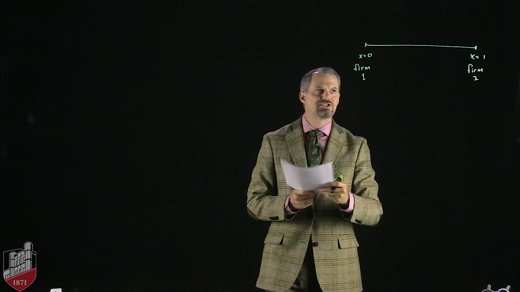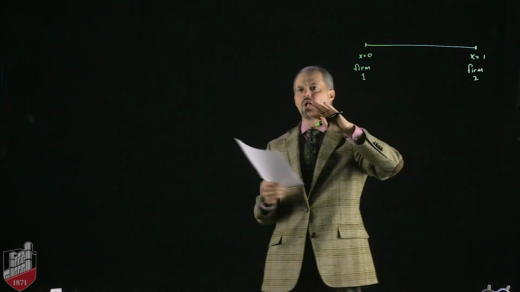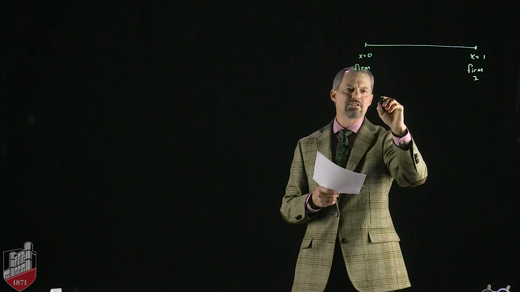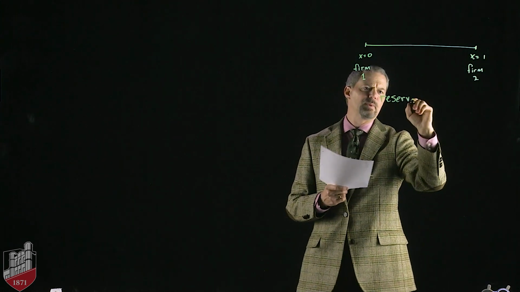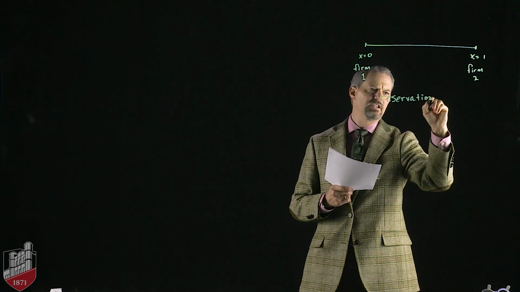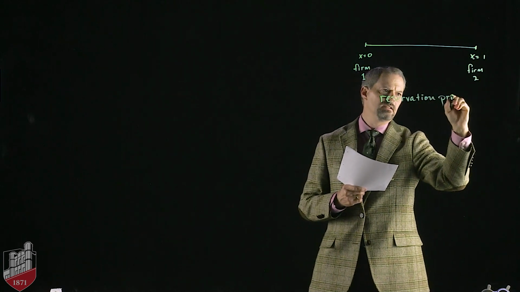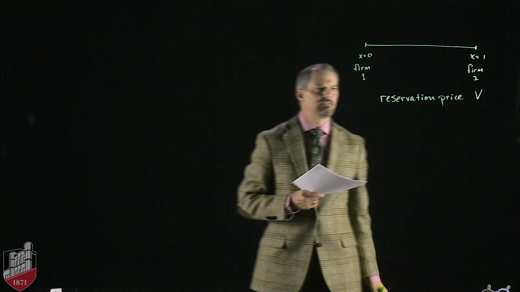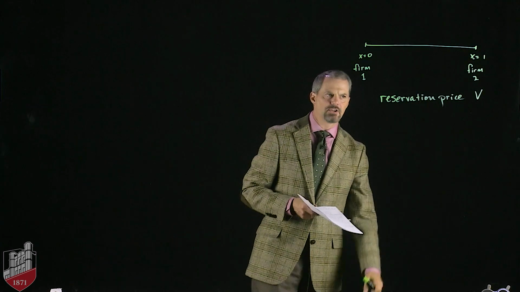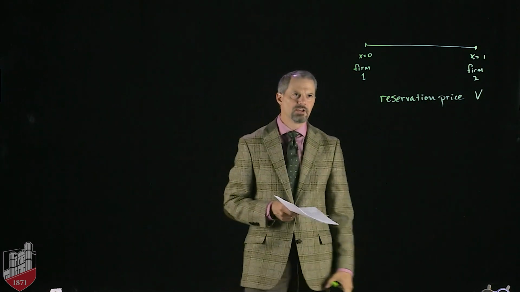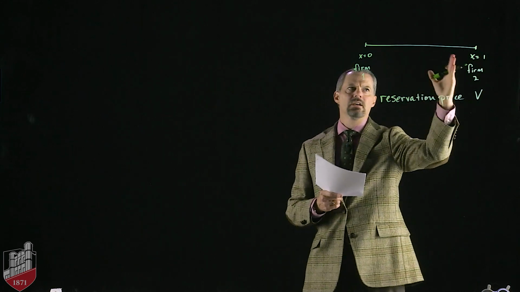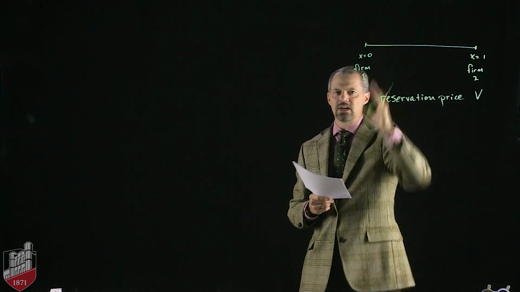So consumers differ in their location, but they're all going to have the same reservation price. So remember, in the spatial model, we call that reservation price V, standing for the value that they place on the good. All the consumers place the same value on the good. It's just that they differ in terms of their location.